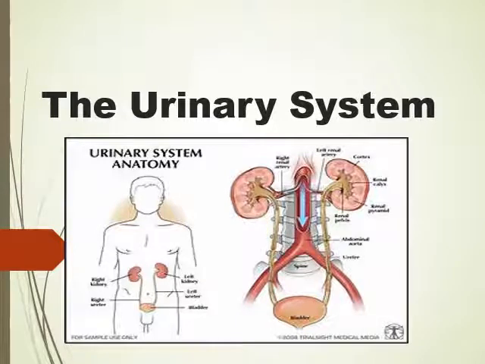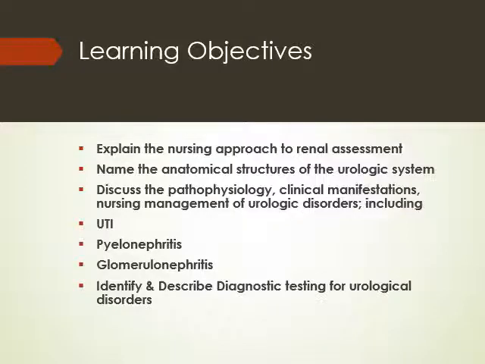This PowerPoint is about the urinary system. Learning objectives are to do a nursing assessment of the urologic system, which of course includes the renal portion and a renal assessment, to review the anatomic structures, discuss the pathophysiology, as well as clinical manifestations.